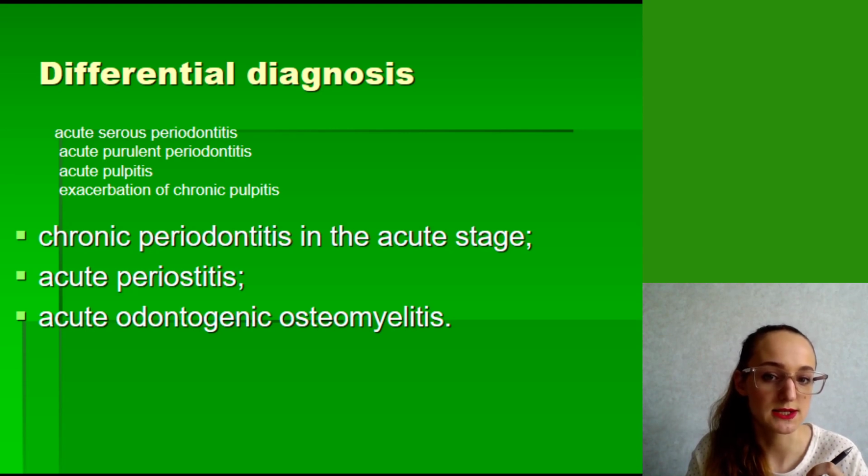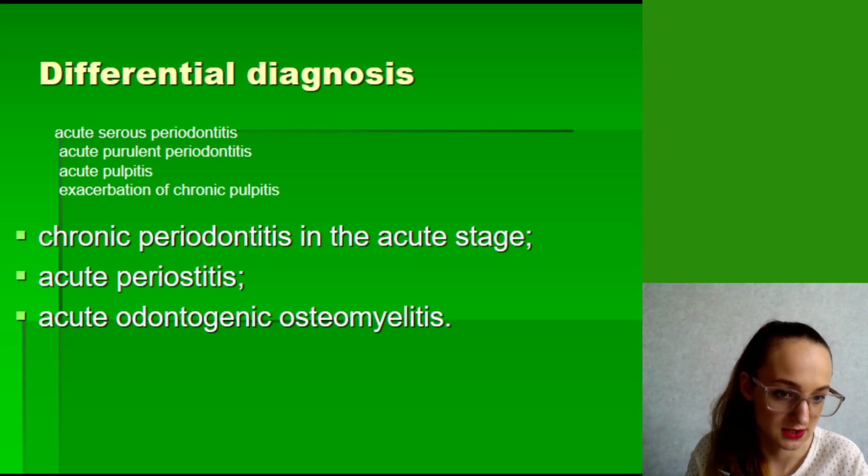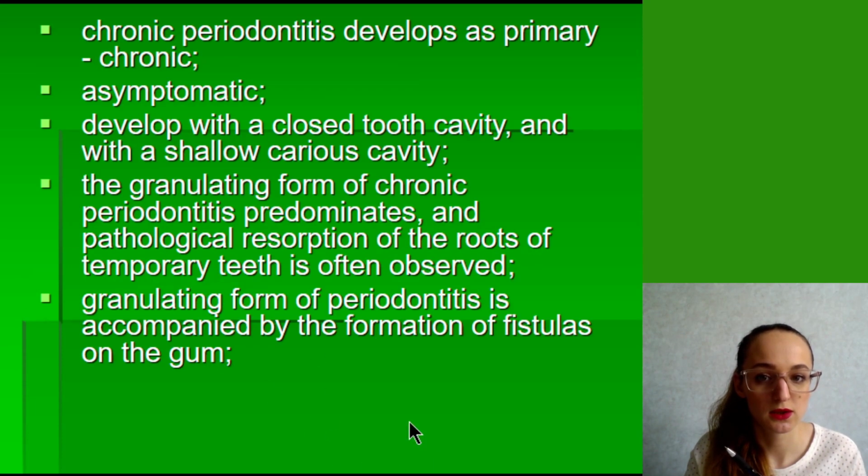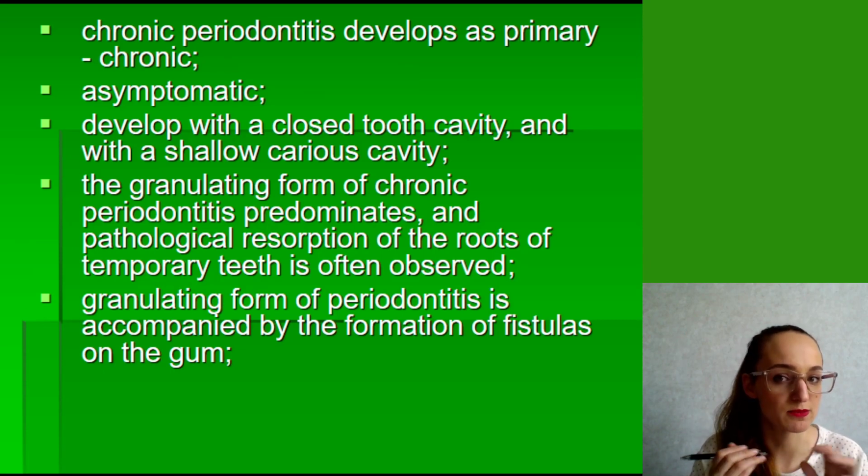Chronic periodontitis in the acute stage, acute periostitis, and acute odontogenic osteomyelitis. Chronic periodontitis develops as primary chronic, asymptomatic, with a closed tooth cavity and with a shallow carious cavity.